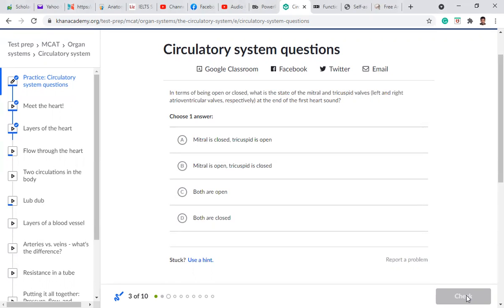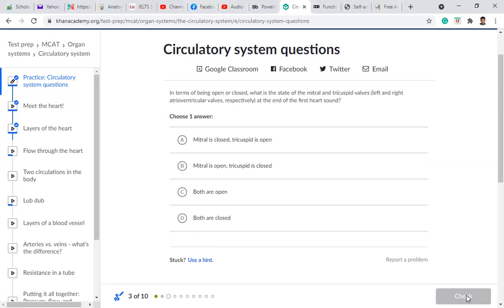This question also has to do with being open or closed. What is the state of the mitral and tricuspid valves, the left and right atrioventricular valves respectively, at the end of the first heart sound? What do you think? Mitral is closed, tricuspid is open. If mitral is closed, tricuspid should be closed also.